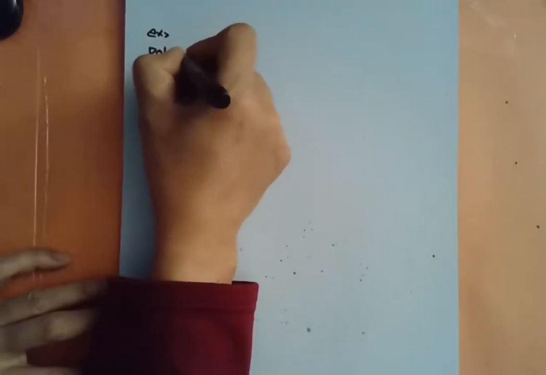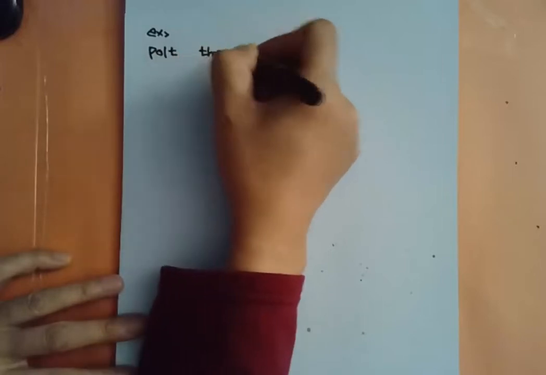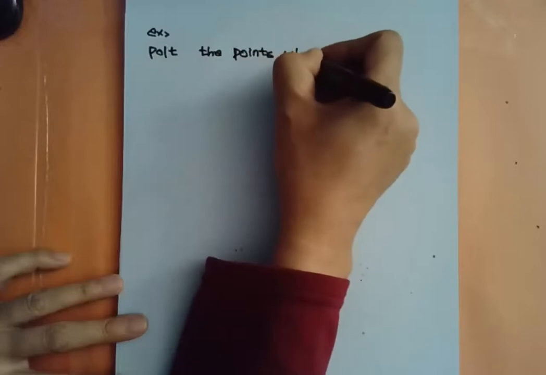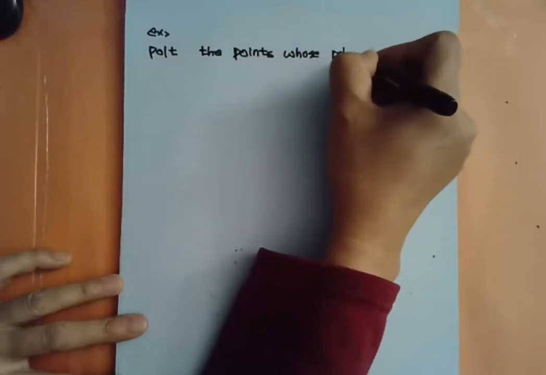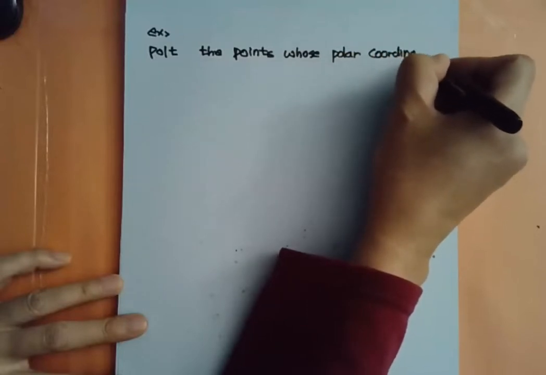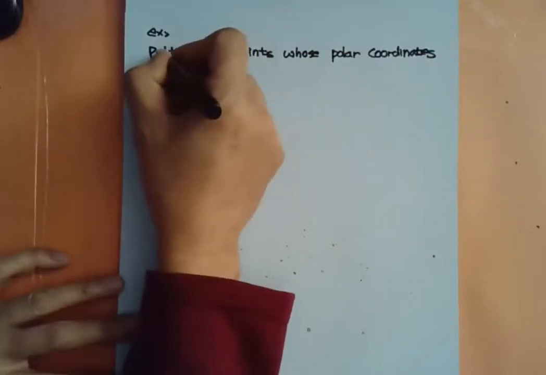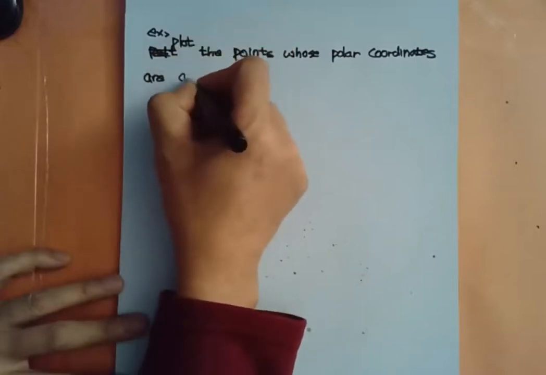Let's do some examples about plotting. Plot the points whose polar coordinates are given.